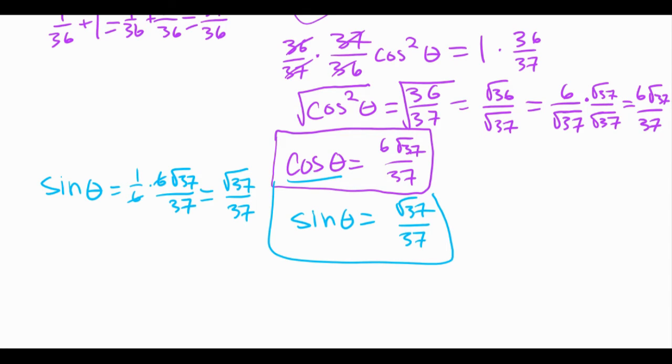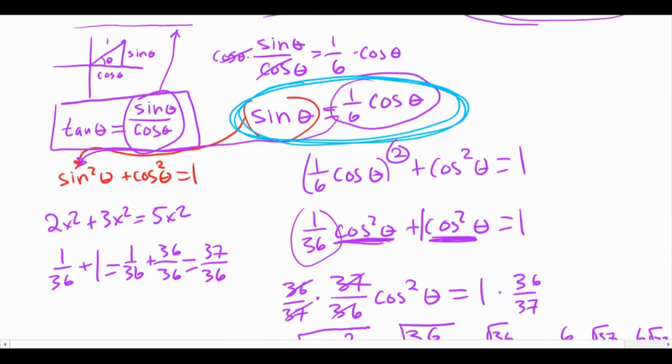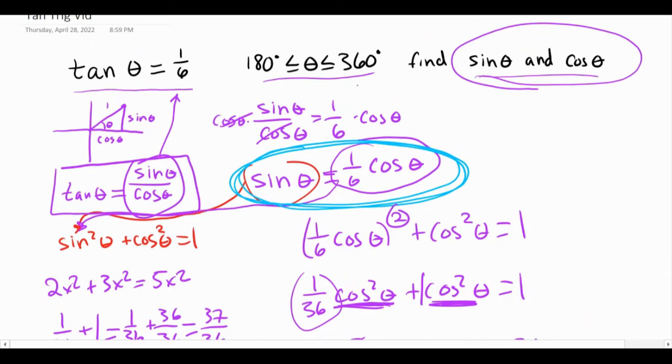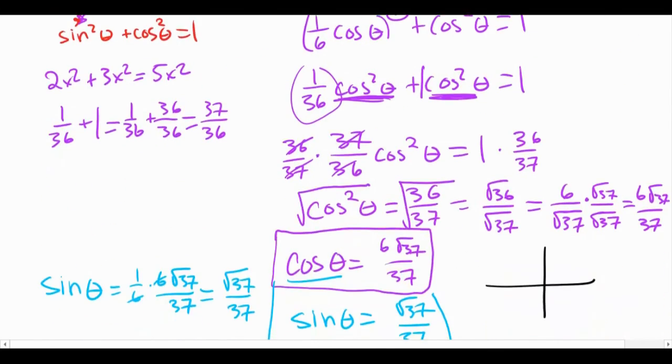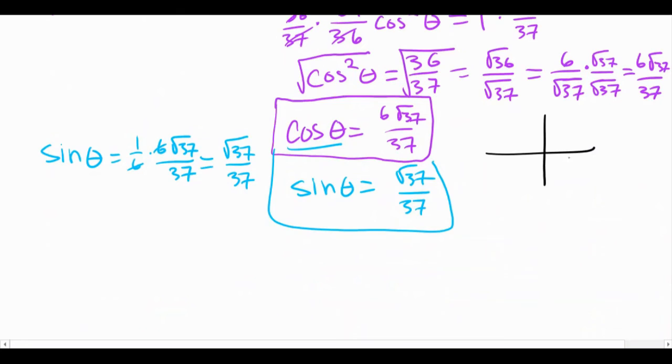Last step, though, we have to know if it is positive or negative. Let's think about this for a second, because if I go back up here, it told me originally that our angle was between 180 degrees and 360 degrees. And if you remember from our unit circle, on the bottom left here, both the cosine and sine were negative. In the bottom right here, the sine was negative and the cosine was positive.